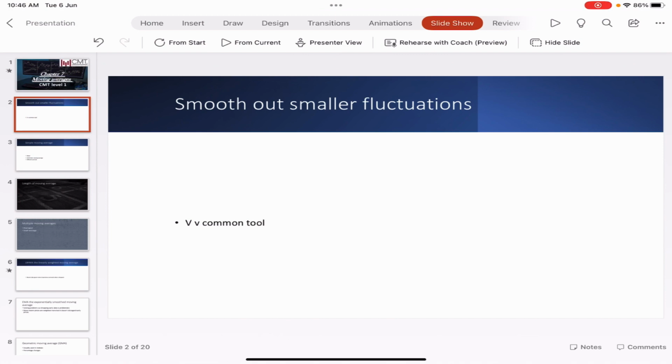And obviously, as I have explained before, the moving average is the most common tool and it is used by almost every trader, no matter how small or how big. Let me just check in the book if there is something which I have not discussed so far.